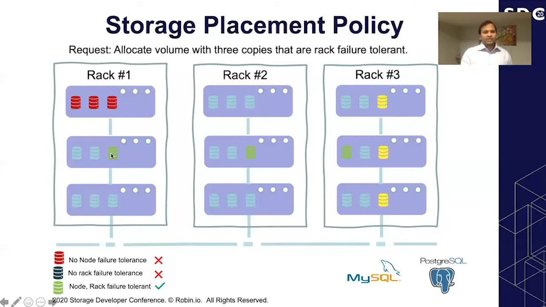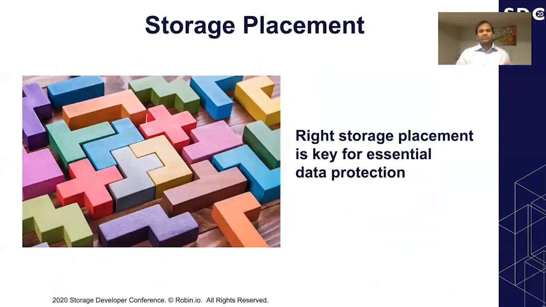So we want to make sure that the allocations are properly done. This is the right allocation, where you have storage allocated in each node, in one and only one rack each. One rack has only one copy of it, so that you can withstand rack failures. So where you allocate storage matters. Storage placement is essential for data protection.